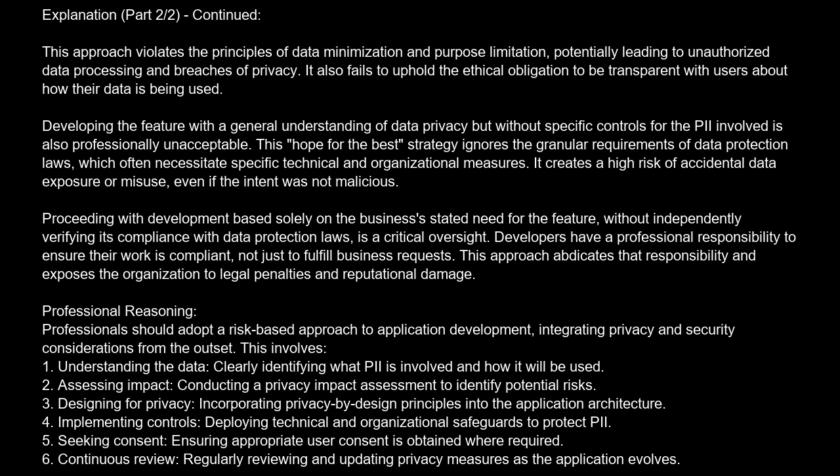Designing for privacy, incorporating privacy by design principles into the application architecture. 4. Implementing controls, deploying technical and organizational safeguards to protect PII. 5. Seeking consent, ensuring appropriate user consent is obtained where required. 6. Continuous review, regularly reviewing and updating privacy measures as the application evolves.